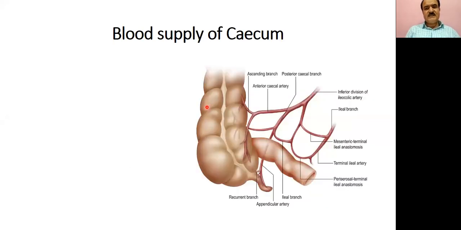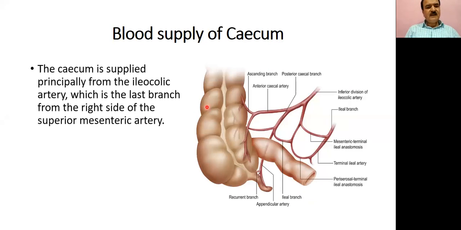Coming to the blood supply of the cecum, the cecum is supplied principally from the ileocolic artery, which is the last branch from the right side of the superior mesenteric artery. The ileocolic artery divides into an inferior division and a superior division. From the inferior division, branches arise which go to the cecum.